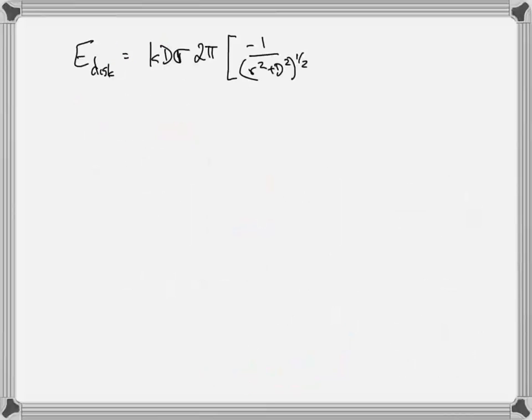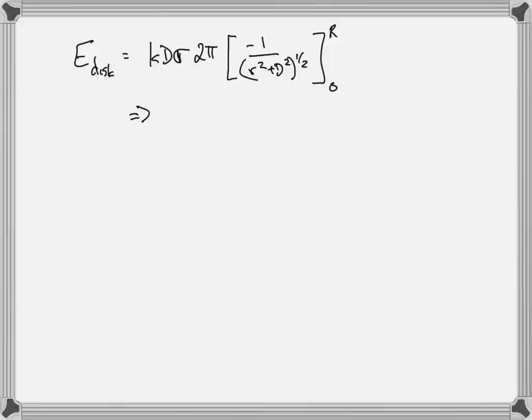Again, either look it up in an integral table, an online integral calculator, or just do it by substitution. It's actually quite an easy integral to do. And you find the result is that, and we have not evaluated the limits yet, evaluated from the limits of 0 to R.